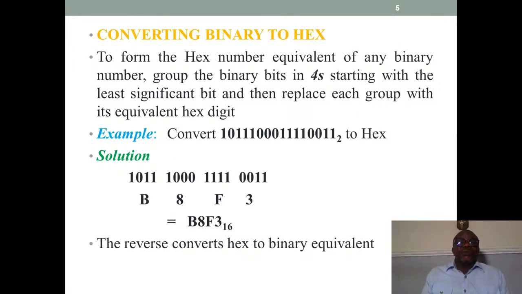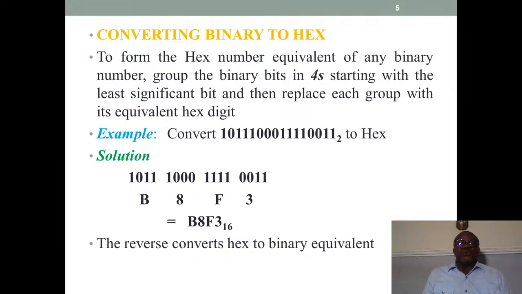So now, computers make use of binaries, as we have said before, but we know that 4 binary bits can represent any hex digit, because the maximum we have in hex is 15.